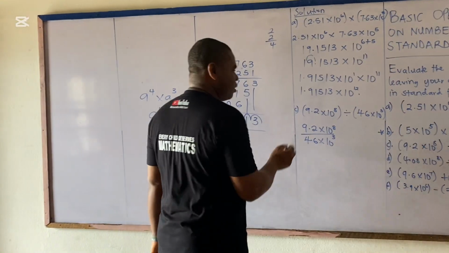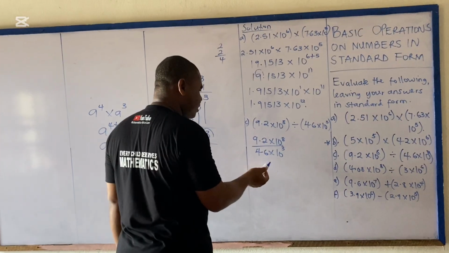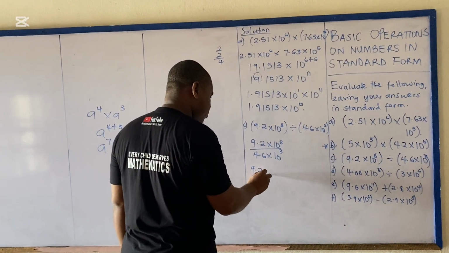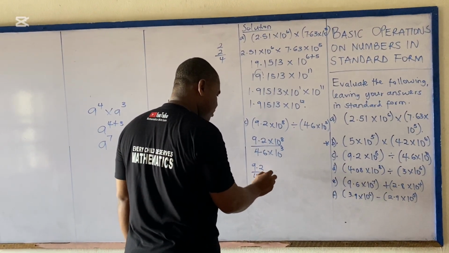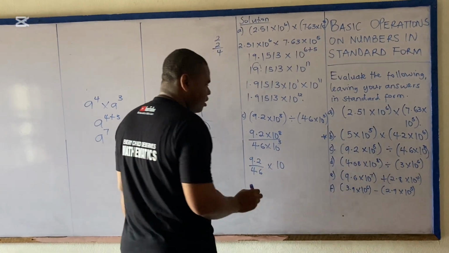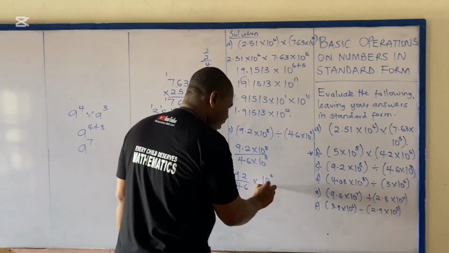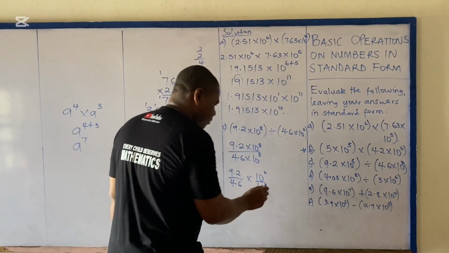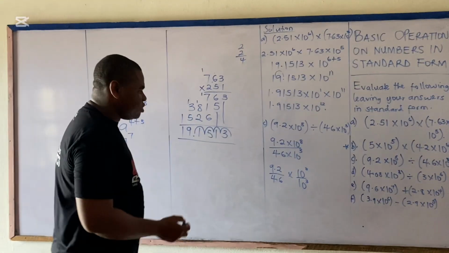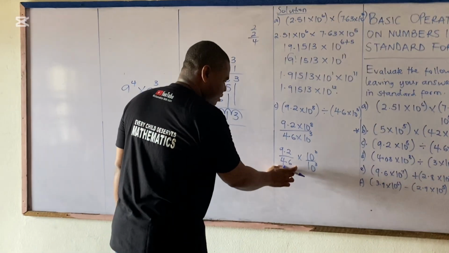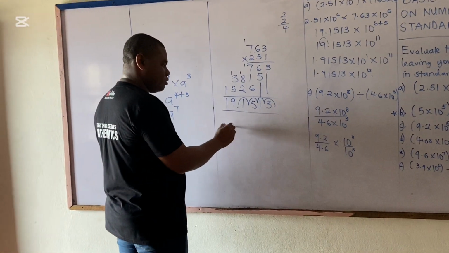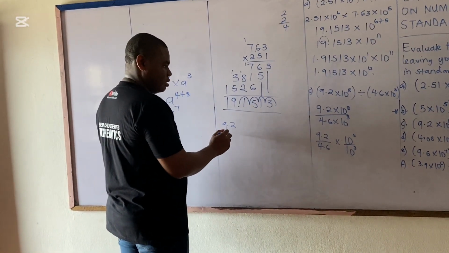In this case I can also write this as 9.2 over 4.6 times 10 raised to the power of 8 divided by 10 raised to the power of 3. They are actually similar. Now let me focus on this.